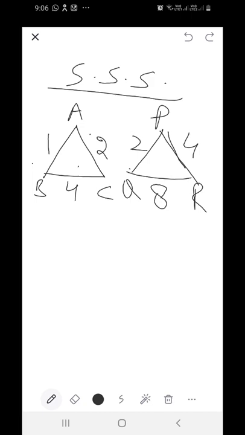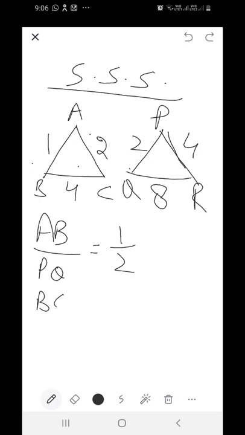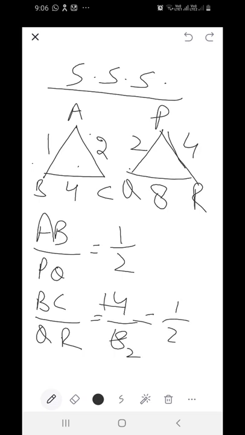Now you form the ratio between the sides. How much will be AB upon PQ? It will be 1 upon 2. How much is BC upon QR? It will be 4 upon 8, that is also 1 upon 2. How much will be the ratio between AC and PR?